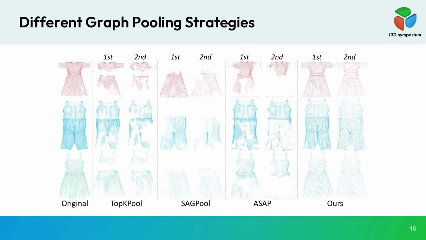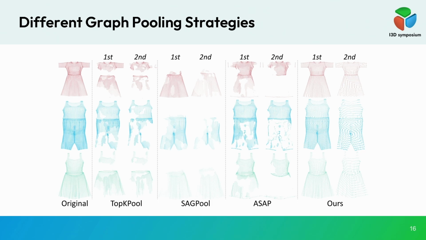We evaluate the structure preservation abilities of different pooling strategies. Some methods might result in excluding vertices in certain areas, which could compromise the structure's integrity.